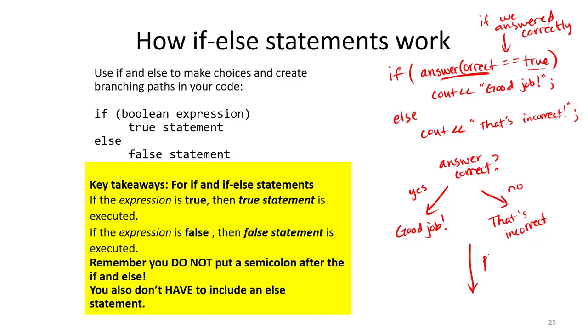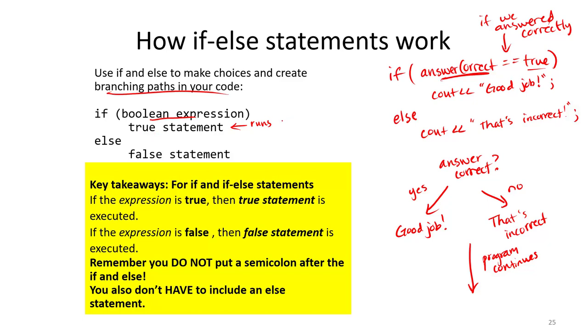And then the program continues as normal. So if and else can create branching paths in our code. So basically what happens here is if the Boolean expression is true, then the true statement runs.